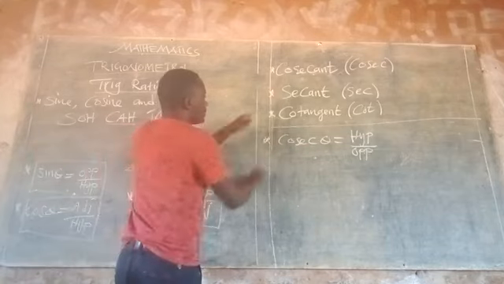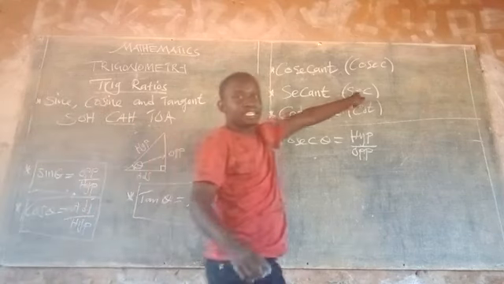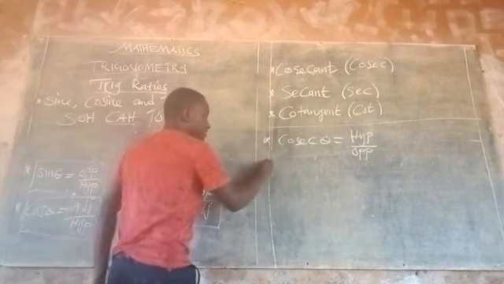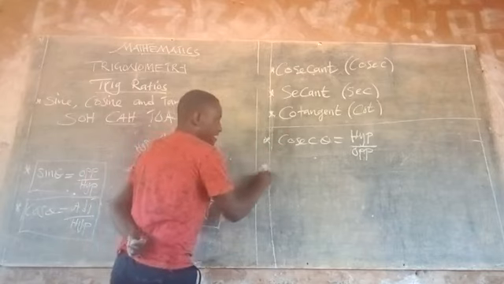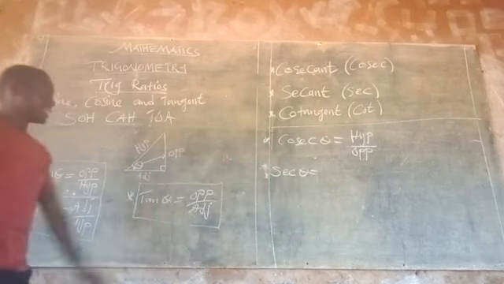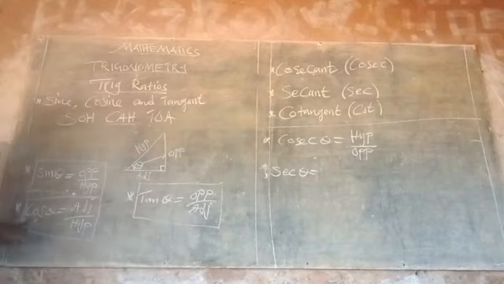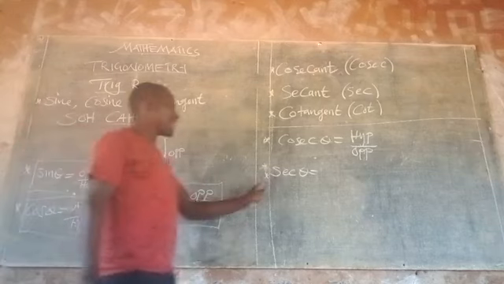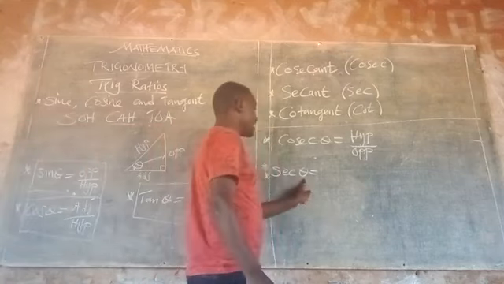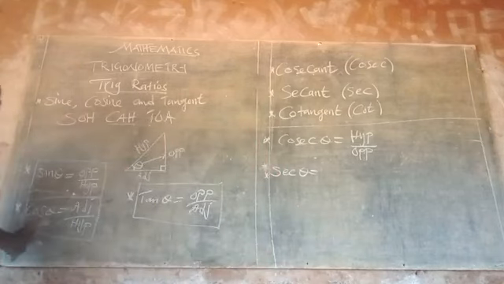The second one is sec. Sec theta goes with the cosine. If cosine is equal to adjacent over hypotenuse, then sec theta is going to be hypotenuse over the adjacent.